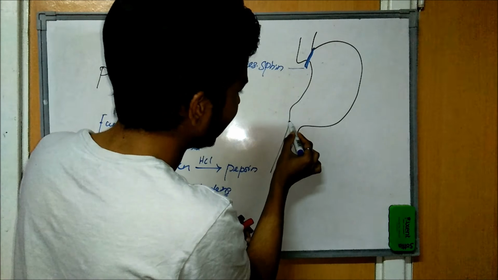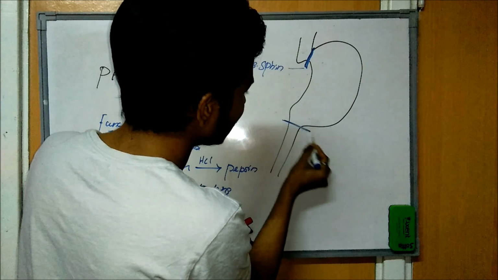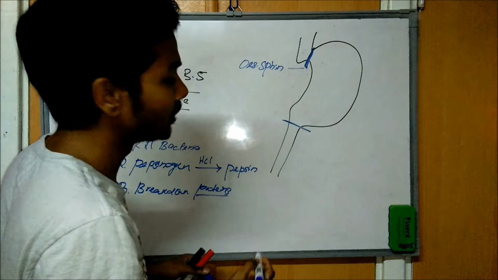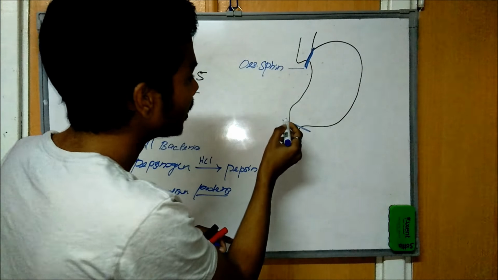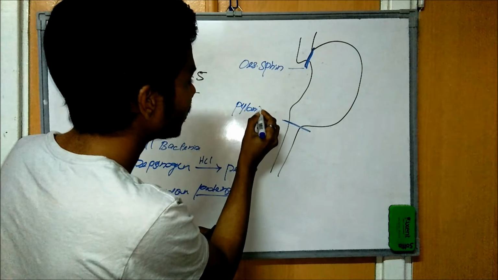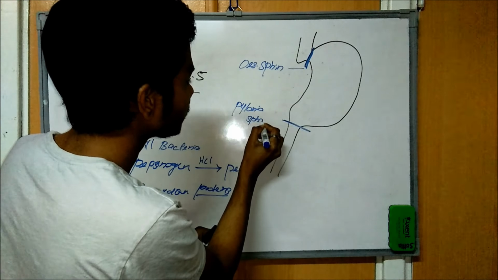And in the pyloric part of the stomach, which connects to the duodenal part of the small intestine, the sphincter is called the pyloric sphincter.